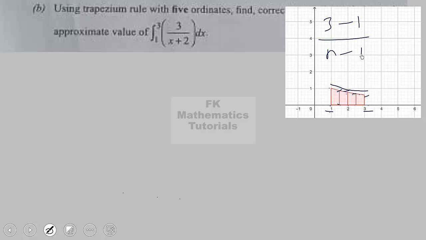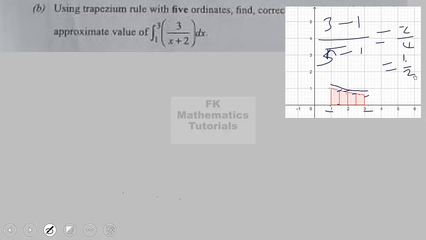So the number of trapezia is 4, that is 5 minus 1. So the width of the trapezia will be 2 over 4, which is 1 over 2, or 0.5.